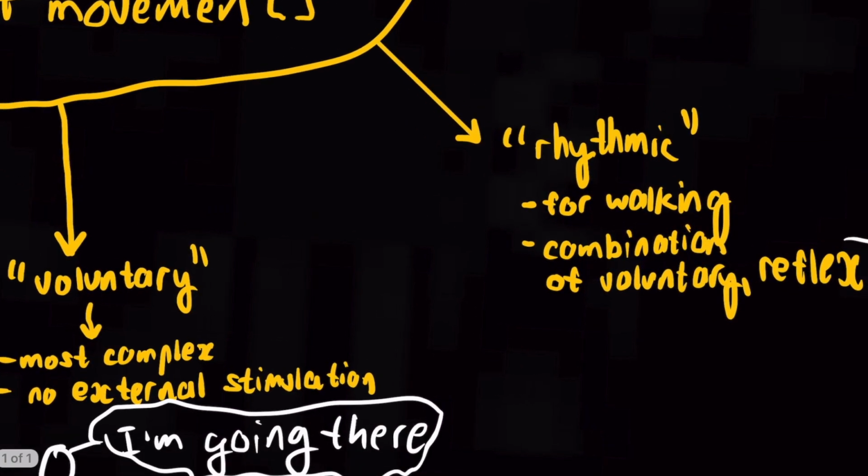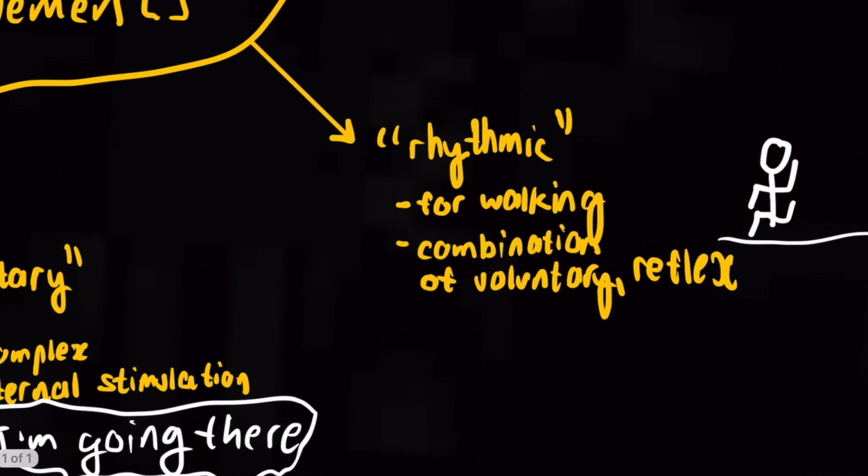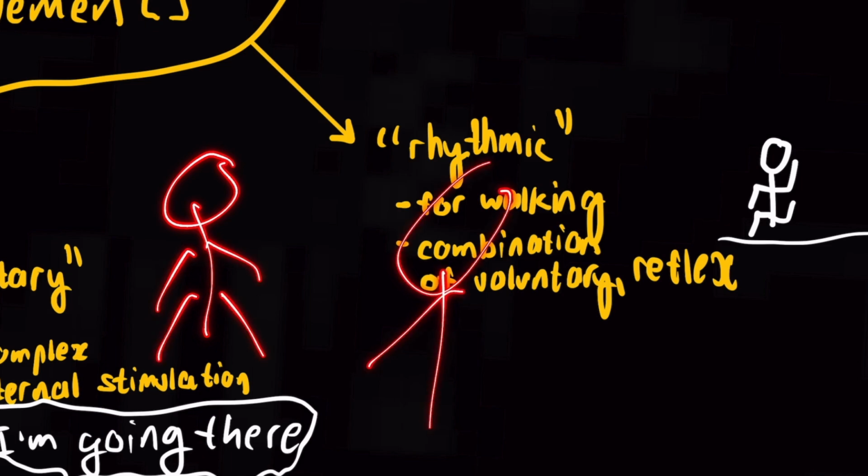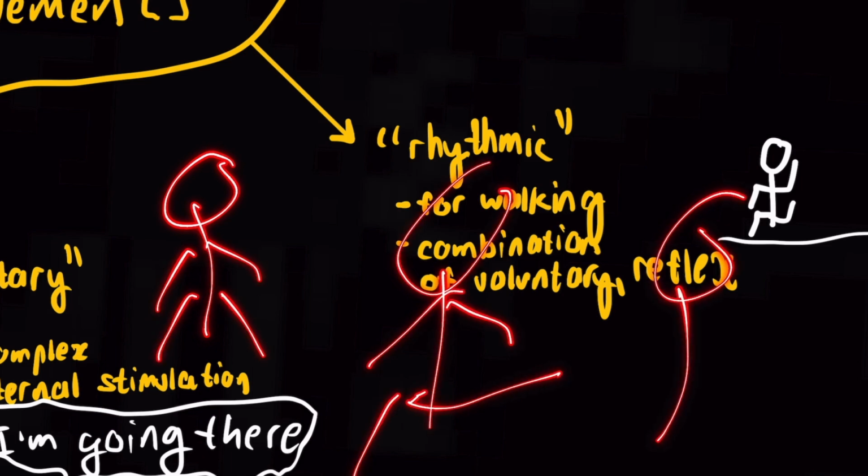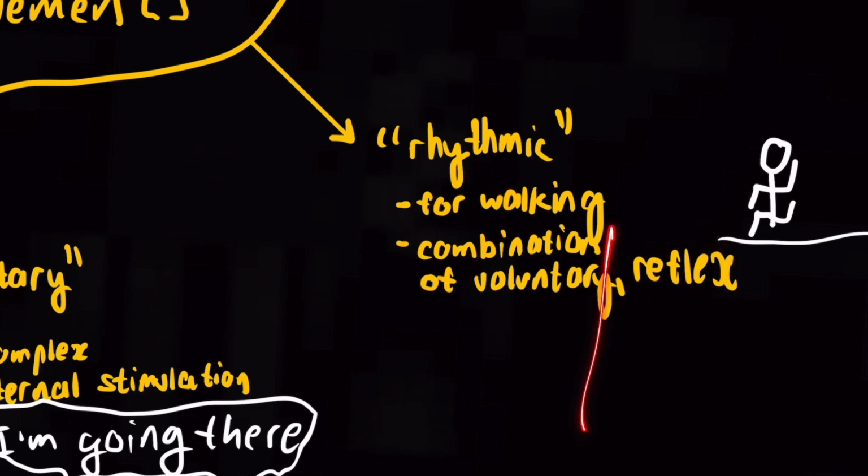And then you have rhythmic movements. Rhythmic movements, you could think of like walking and running, anything that is repetitive, right? When you are walking, your legs are repeatedly going up and down, step after step, like this stick figure that is running.